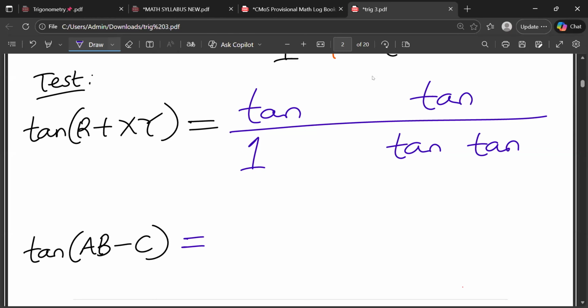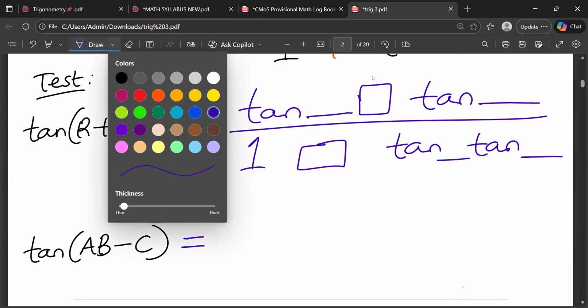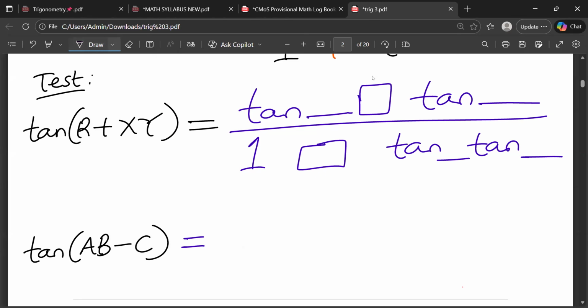So I want you to tell me which sign to put here and what to put there. In the first one, which is up, we are going to put r, and then the sign will be negative. Here we should put a negative.